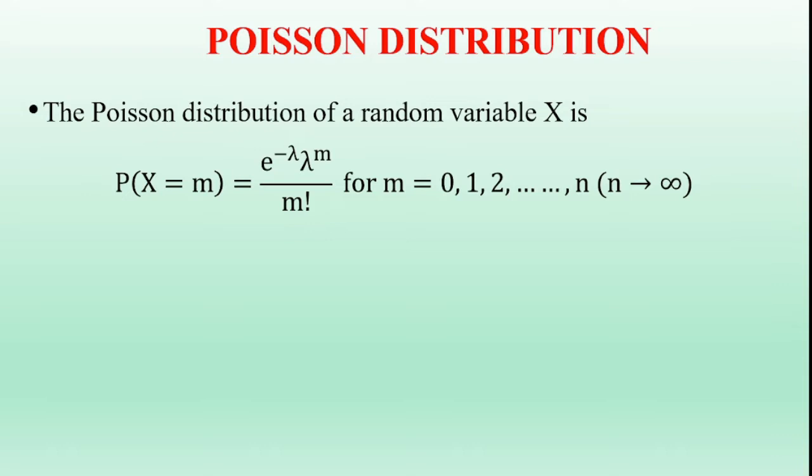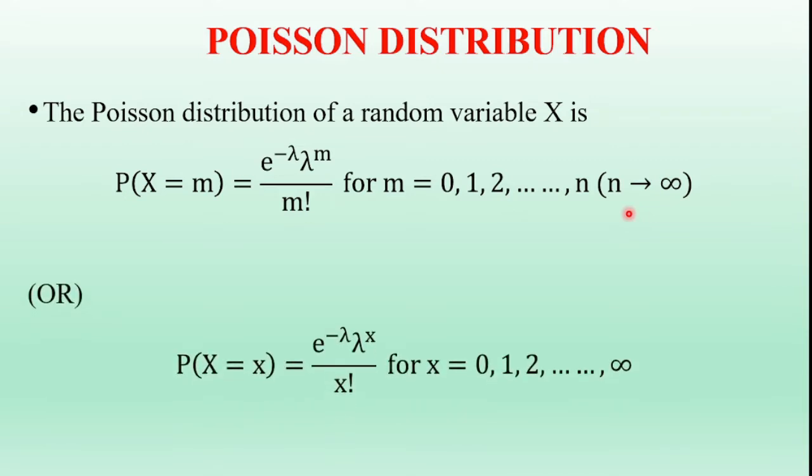We know that the random variable capital X is a Poisson random variable. Then the Poisson distribution of the random variable X is given by probability of X equal to m is equal to e power minus lambda, lambda power m by m factorial, for m equal to 0, 1, 2, 3 and so on to infinity.